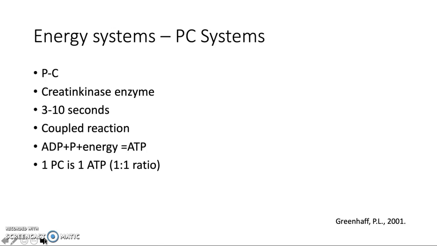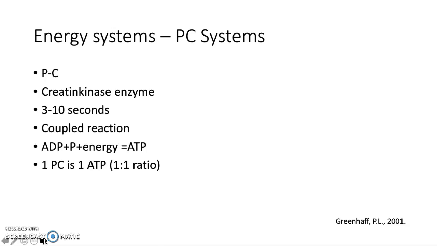A coupled reaction is the product of one reaction which is then used to complete another reaction. For example, ADP plus P plus energy equals ATP. Then the extra C, creatine, waits to resynthesize with the next P.